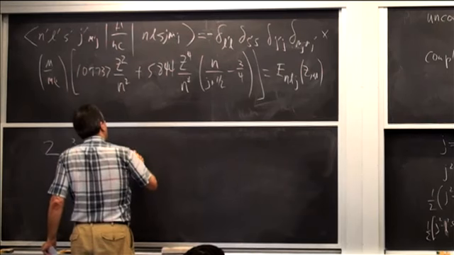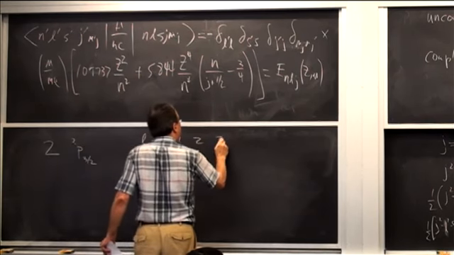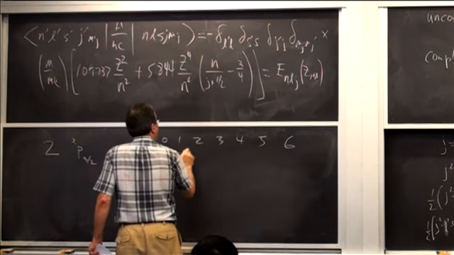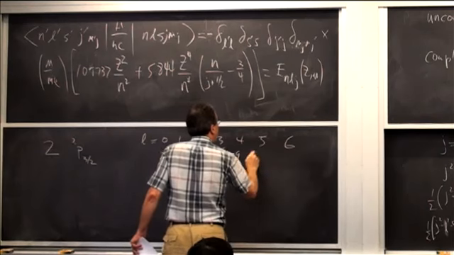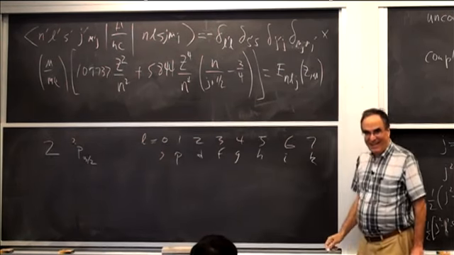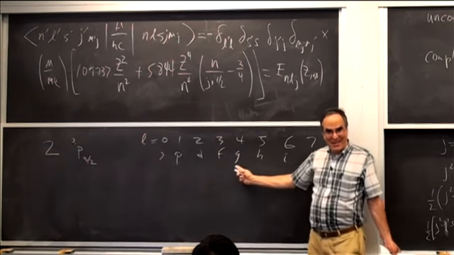And this is an interesting mnemonic for L. The values of L can be 0, 1, 2, 3, 4, 5, 6: S, P, D, F, G, H, I, K. Why don't we put J there? Because we use J for something else.